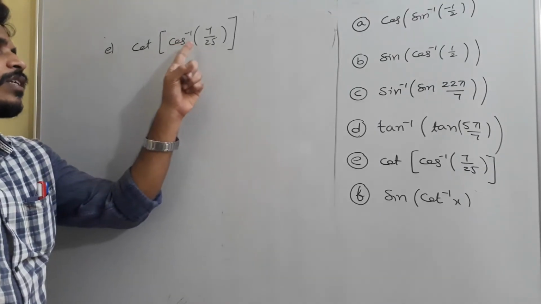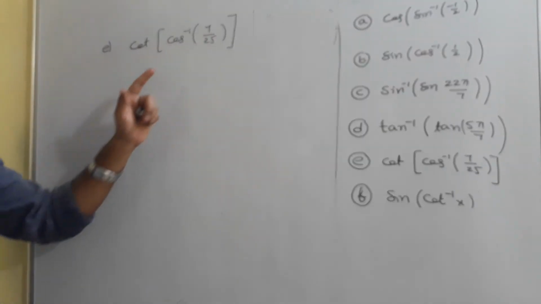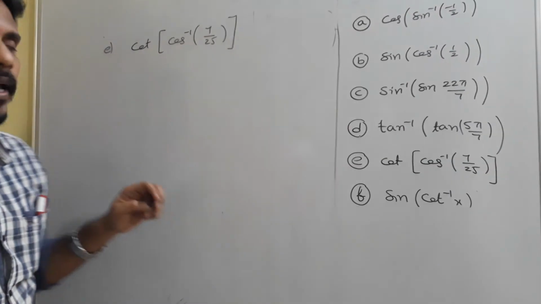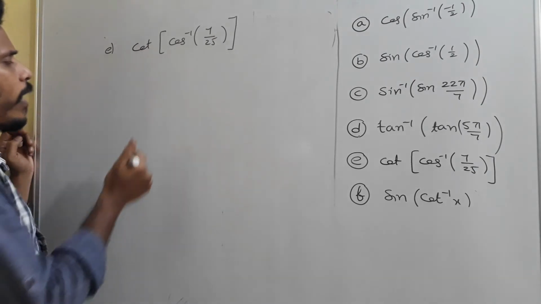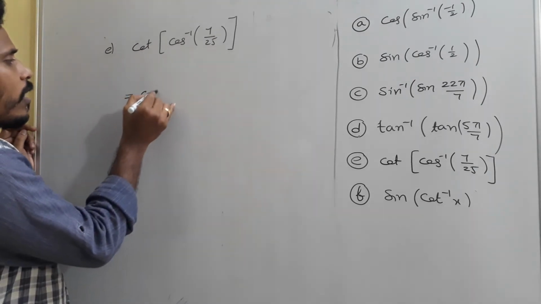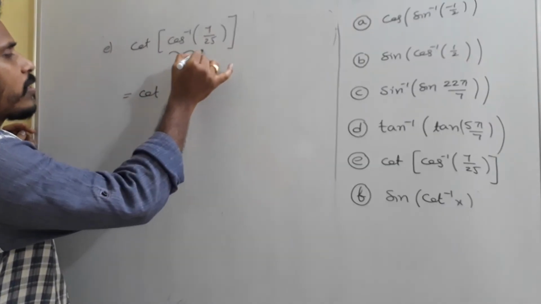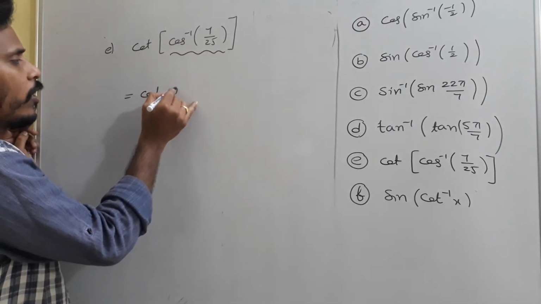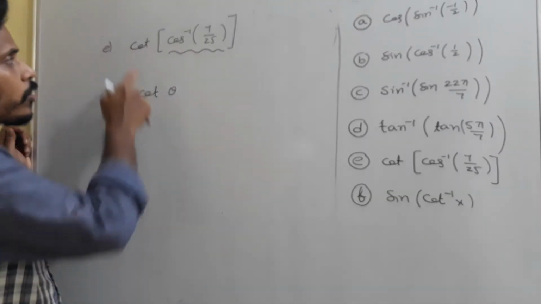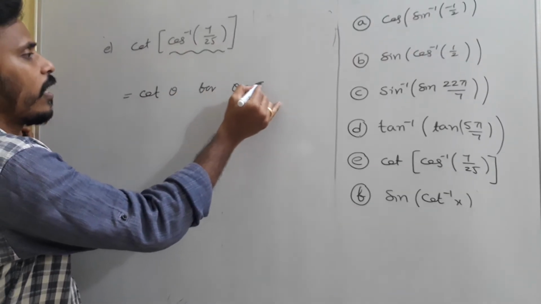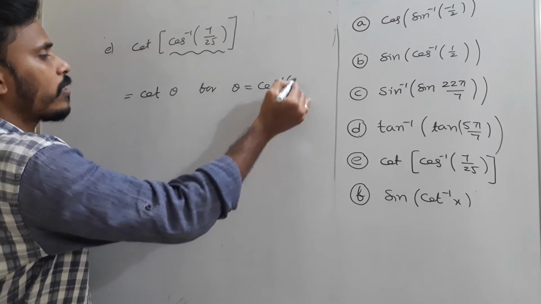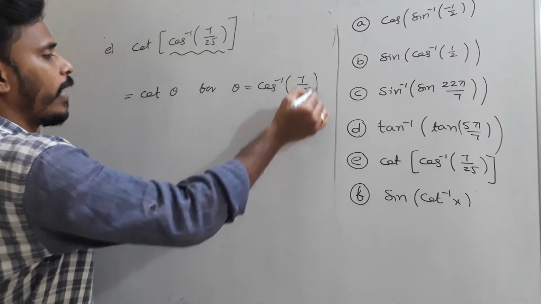See, cos inverse 7 by 25: this 7 by 25 is not a known value, it does not correspond to a known angle. So cos inverse 7 by 25 is an angle, so take it as theta. This is simply cot theta, for theta equals cos inverse 7 by 25.